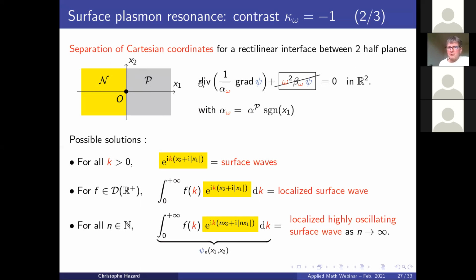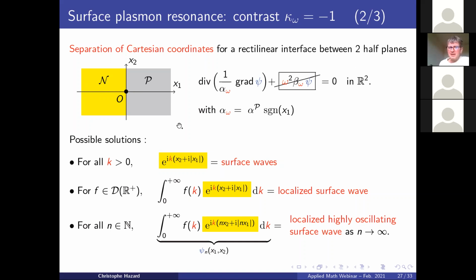So I want to solve this simplified equation for the particular case where alpha omega corresponds to the contrast -1, that is, it is equal to minus alpha p in the negative material and plus alpha p in the positive material.